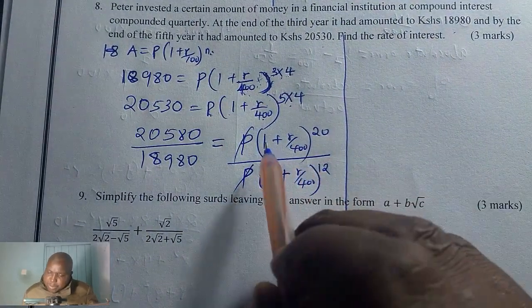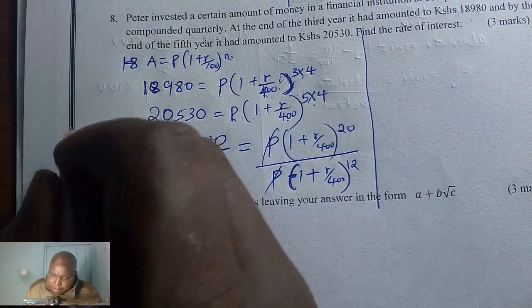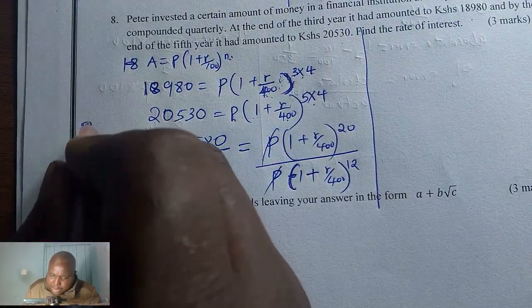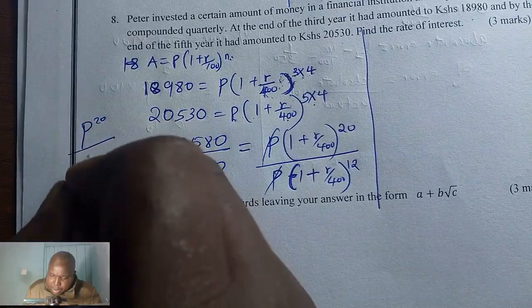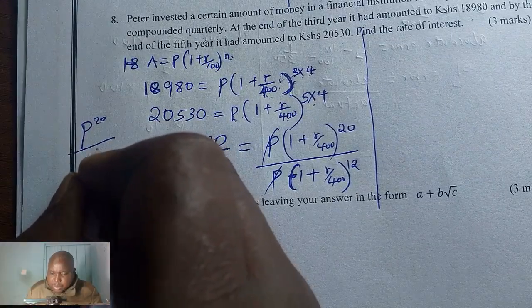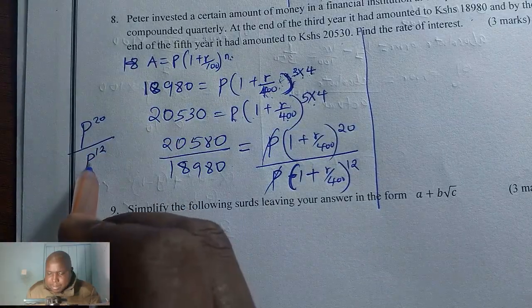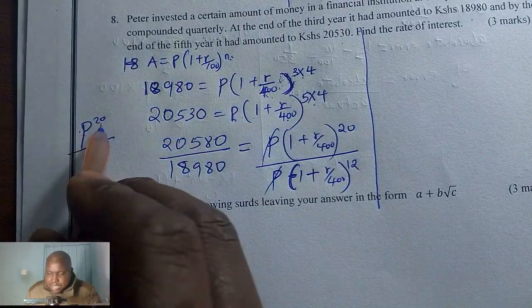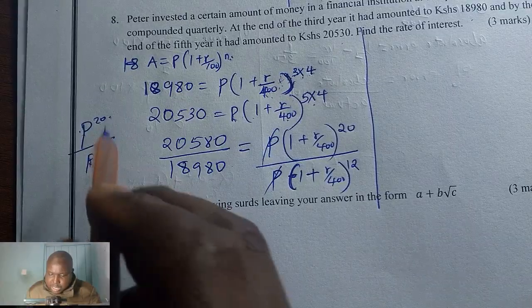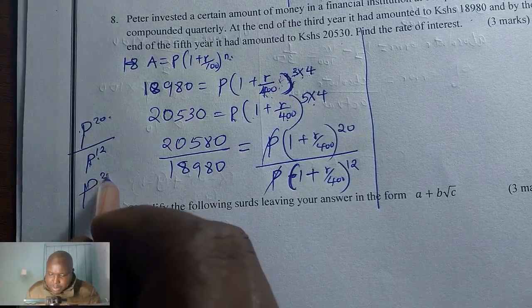But now you remember from indices, if we have p raised to power 20 divided by p raised to power 12, the base is the same, we are dividing, so we need to subtract. So we take 20 minus 12.